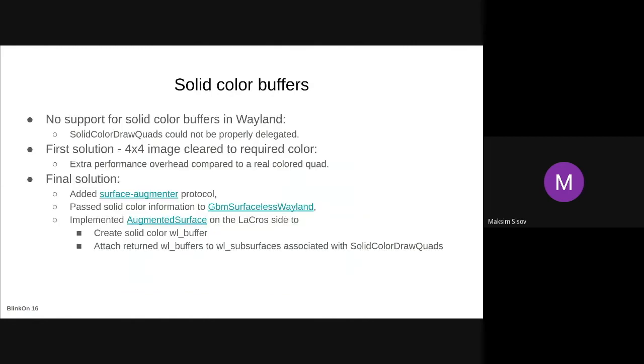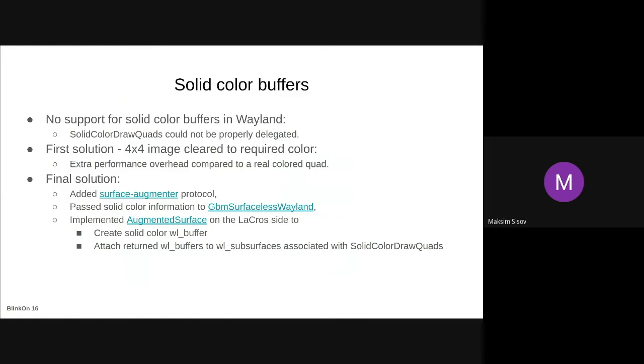One of the most important things that Wayland missed, and still misses, as only X implements that now, is the ability of creating solid color buffers. That meant that solid color quads could not be properly delegated. In the beginning, we created a tiny image that was further cleared with a desired color.